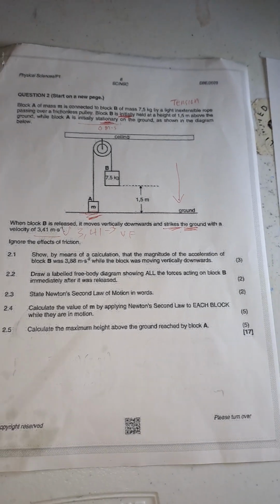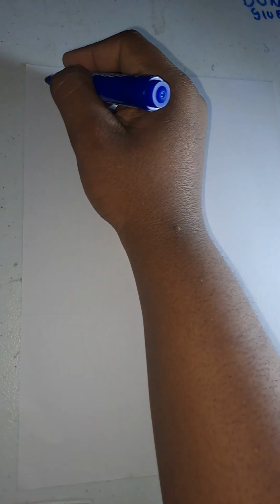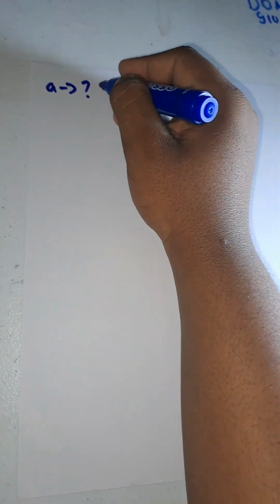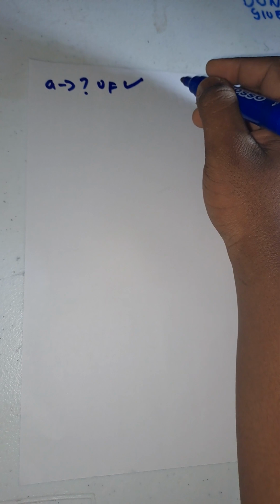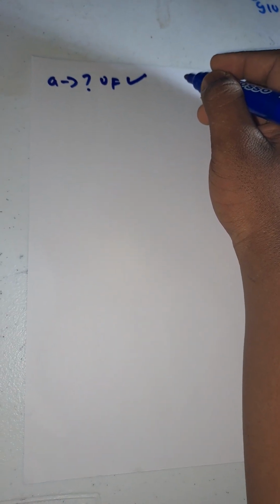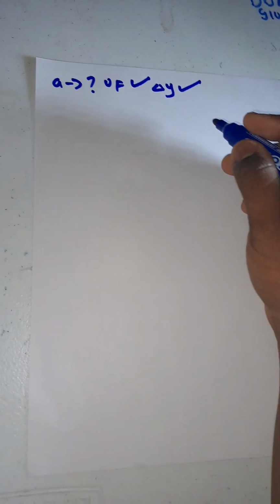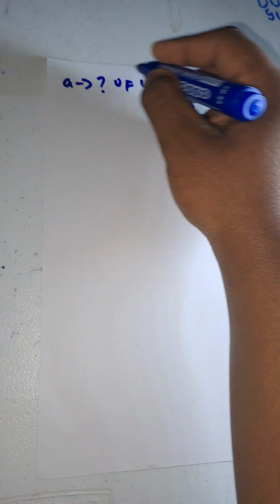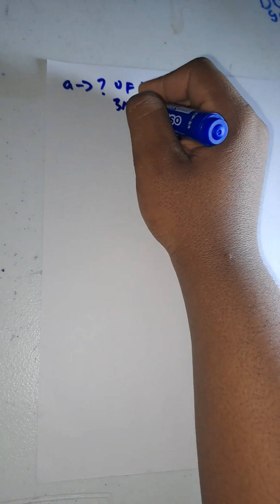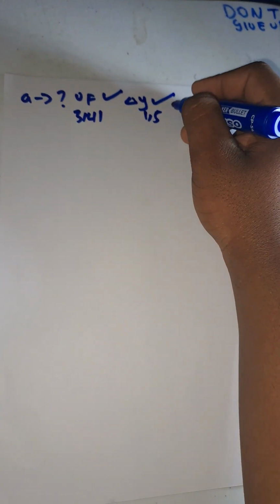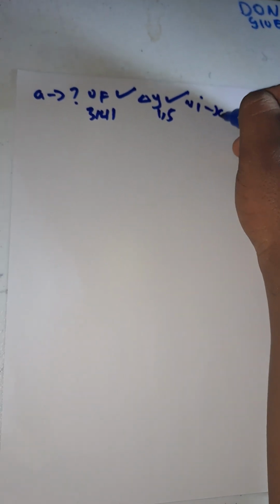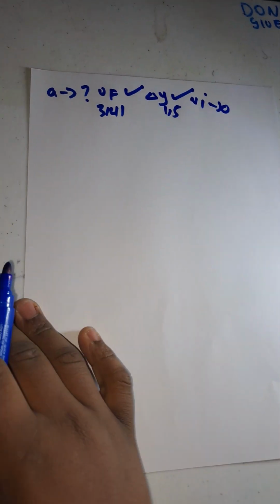But you have the final velocity, 3.41, and you also have the height, 1.5. And I know that my initial velocity is 0, because it was initially held, so it was not going anywhere.